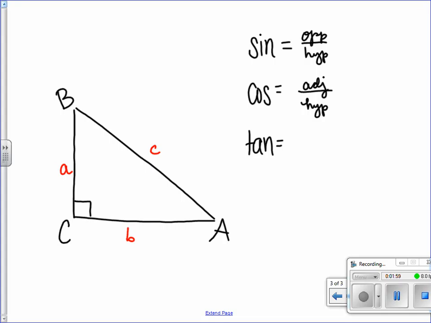How about tangent? Opposite over adjacent. Those are our three basic. We're going to actually cover all 6 of them today.